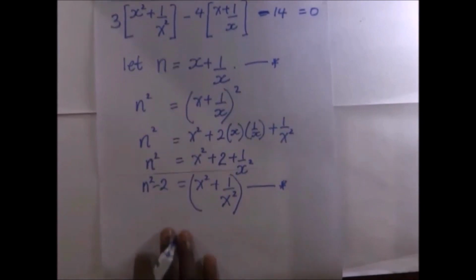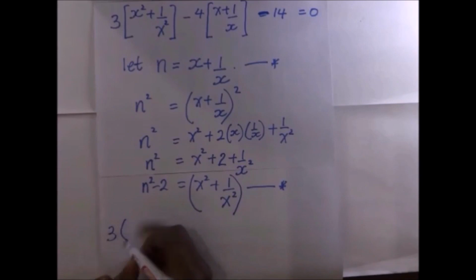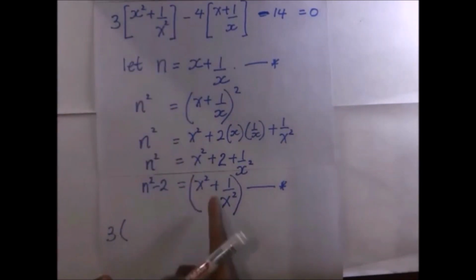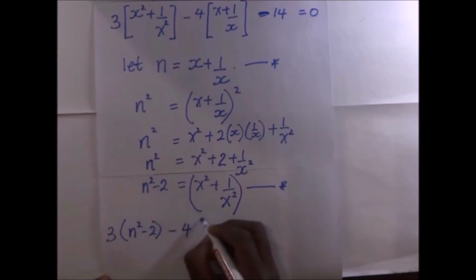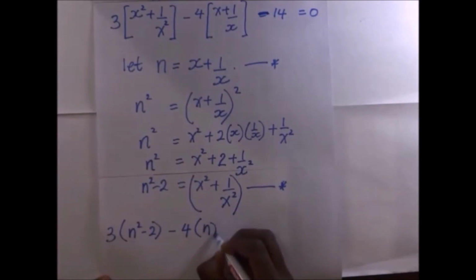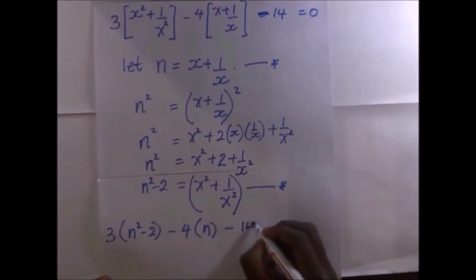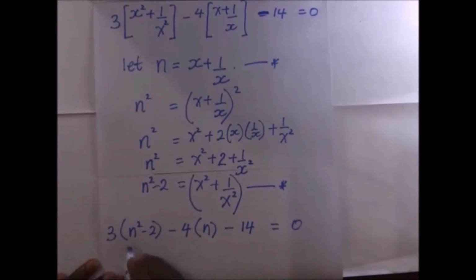So this is going to become 3 into n squared minus 2, minus 4 into n, minus 14, is going to give us 0. So now we concentrate on getting the value of n. We open brackets, formulate a quadratic equation, and solve.